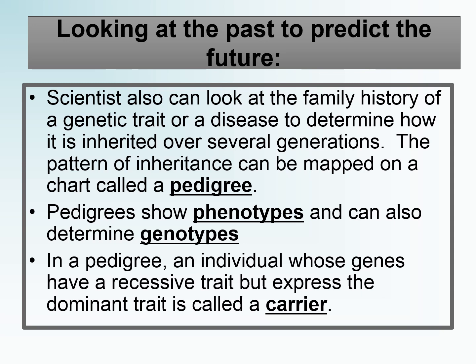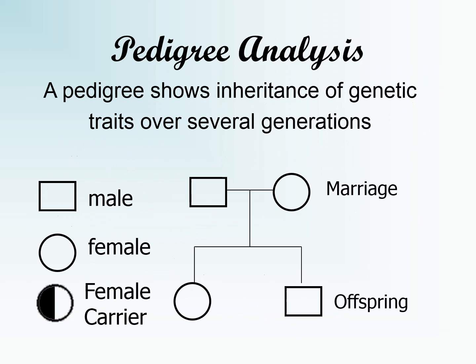In a pedigree, an individual who has a recessive trait but expresses the dominant trait, remember, is called a carrier, because the dominant allele covers up and masks the recessive allele. But they are still carrying and can pass on that recessive allele to their offspring. That's why they're known as a carrier.